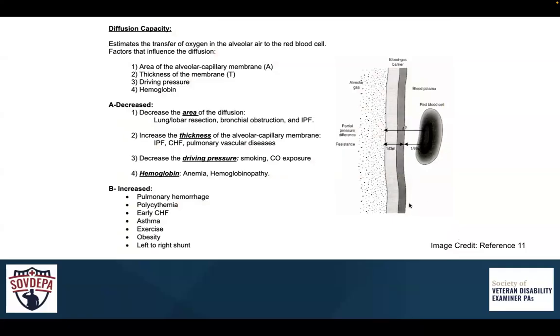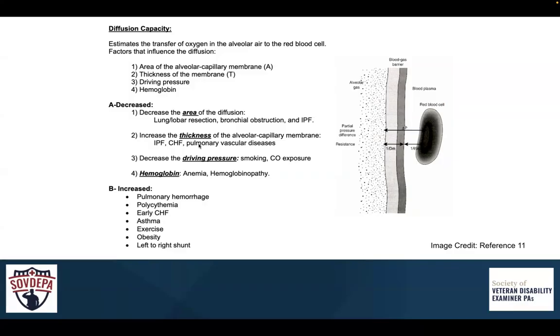This is an image again showing DLCO in another way, and just thinking about the area available of tissue for the alveolar capillary membrane, the thickness of the membrane, which would be increased in fibrosis, sarcoidosis, inflammatory lung conditions, the hemoglobin, the driving pressure.